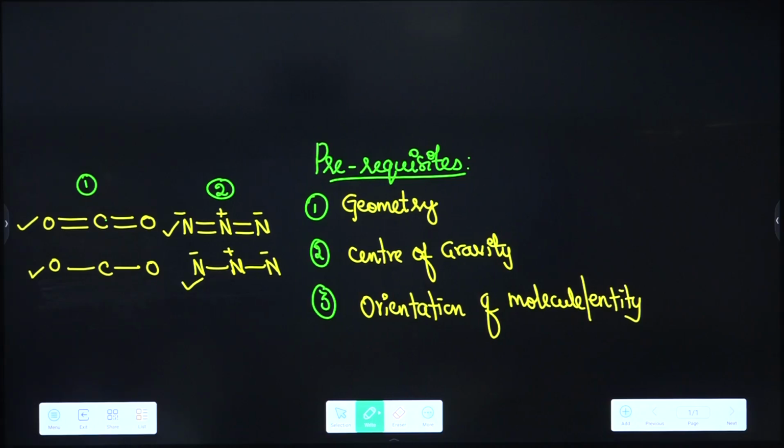Any symmetry element has to pass through the center of gravity only. Every symmetry element has to pass through the center of gravity only.